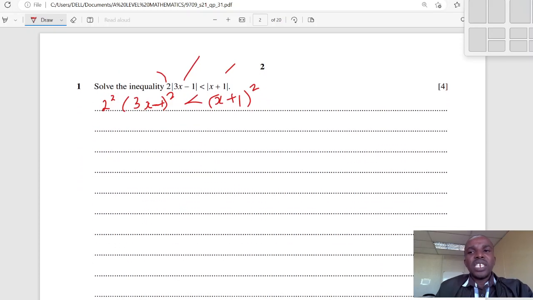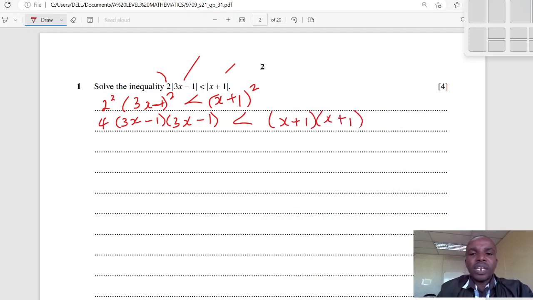After that, you then have to expand. This side, 2 squared, means it's 4. Then this bracket, 3x minus 1 squared, means 2 brackets of the same, which means (3x minus 1)(3x minus 1), less than, then this bracket twice, (x plus 1)(x plus 1).